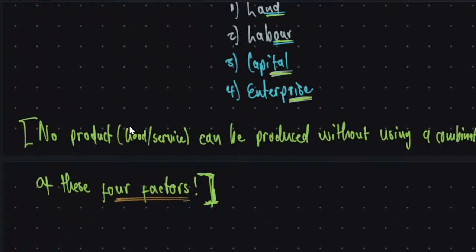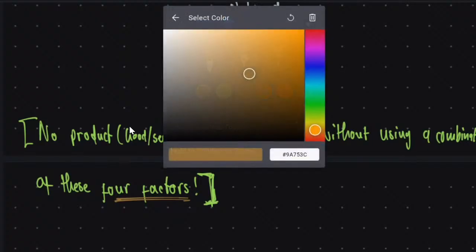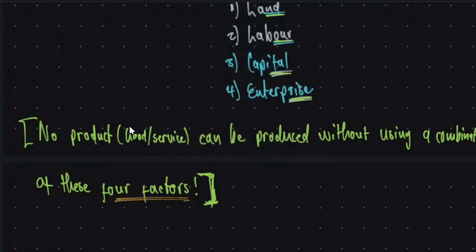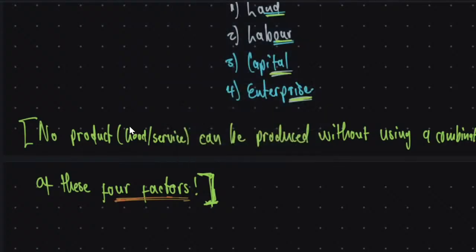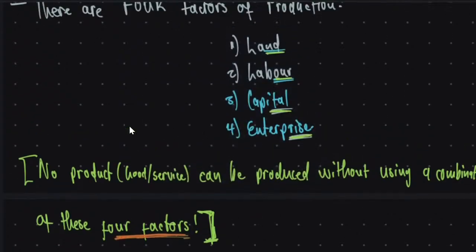Okay? Are we together? A combination of these four factors. So, Alex, we move. Why are you slow today?